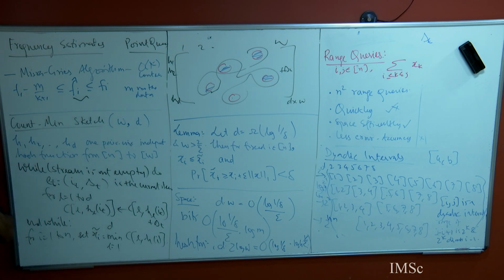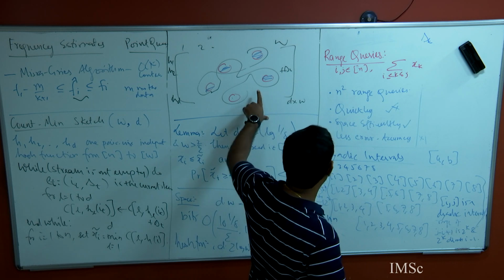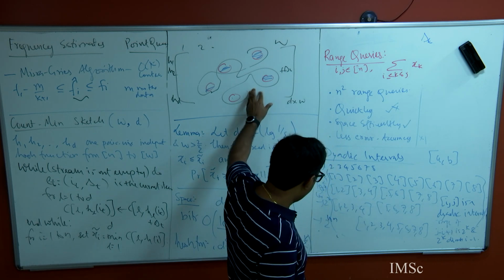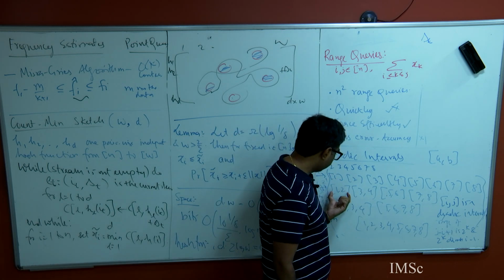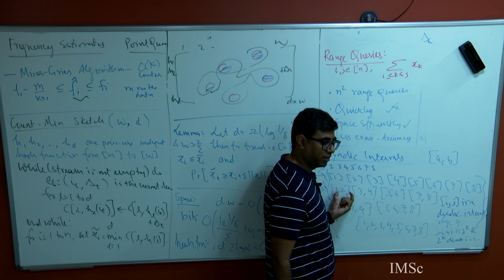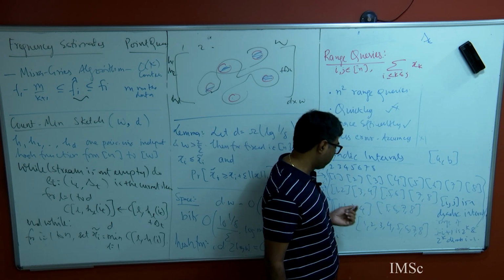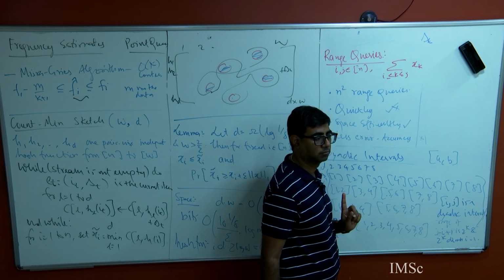So how would I go about creating this data structure, like creating an object? For the first level, this is a data structure which I'm going to keep. For the second one, for this particular interval, I'm going to treat the objects in this interval as the same number.